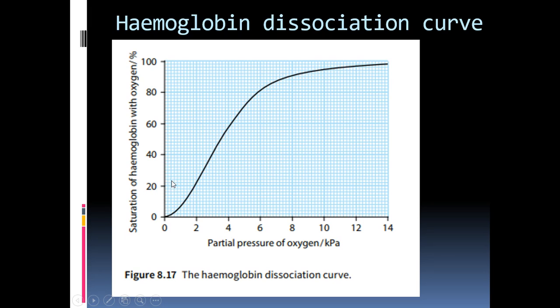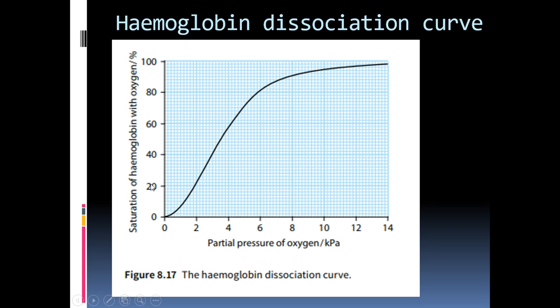If you go to the left of the graph, at low partial pressure of oxygen, this represents roughly what is going on in the respiring tissue, because respiring tissue produces a lot of CO2 and uses up a lot of oxygen molecules. So at low partial pressure of oxygen, the percentage saturation of hemoglobin with oxygen is also low.